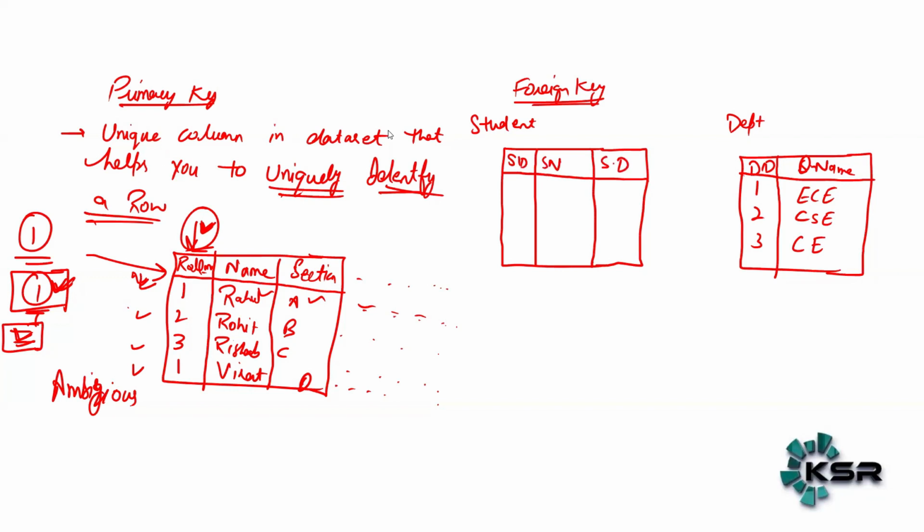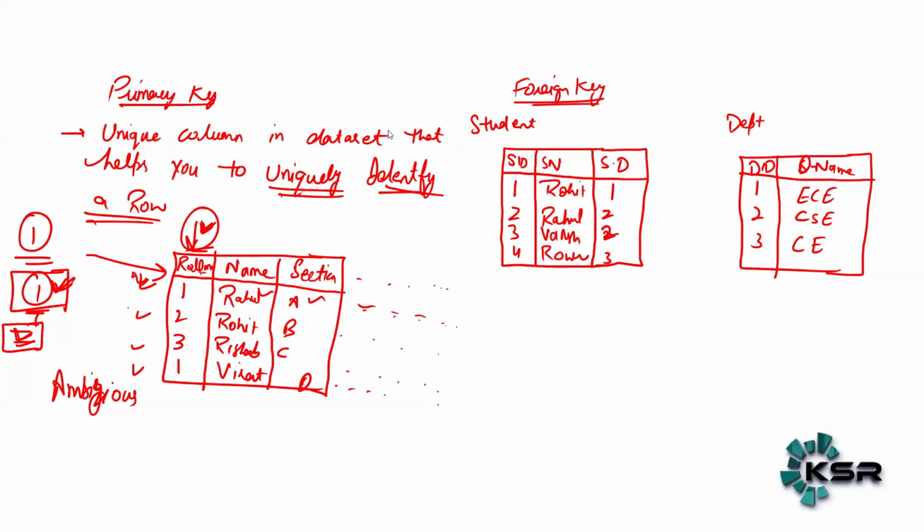Student ID 1, 2, 3, 4, Rohit, Rahul, Vansh, and whatever. So these people are from departments 1, 2, 2, 3, right?